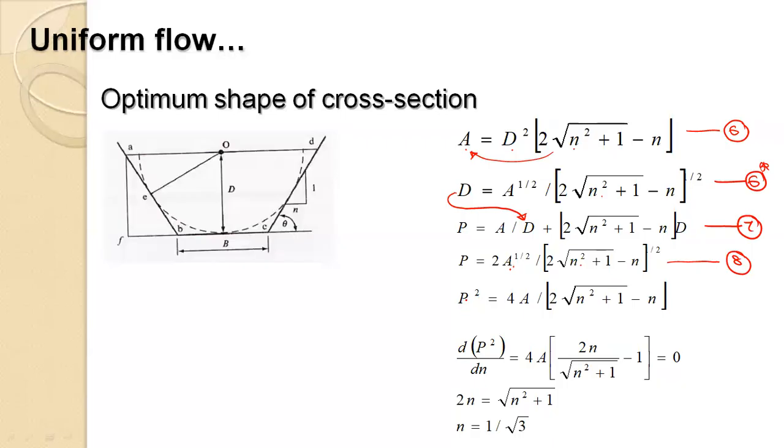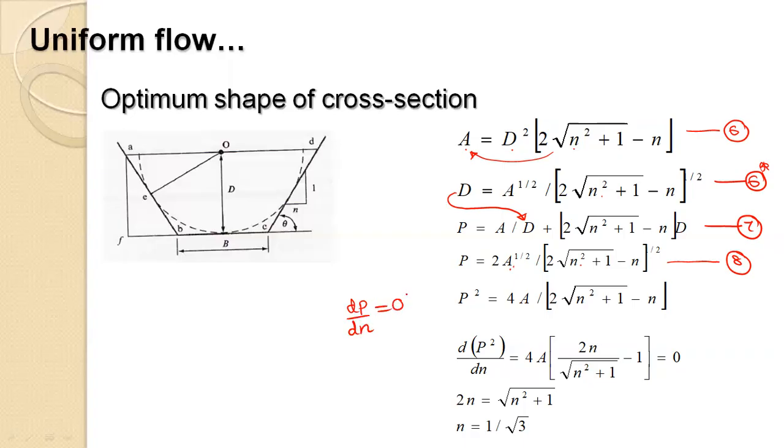And still I do not know the side slope. I know the dependency of P with respect to D, and I still do not know the dependency of P with respect to N. I want to see how the side slope would affect the minimum wetted perimeter. So to do that, I know that dP by dN should be equal to 0.